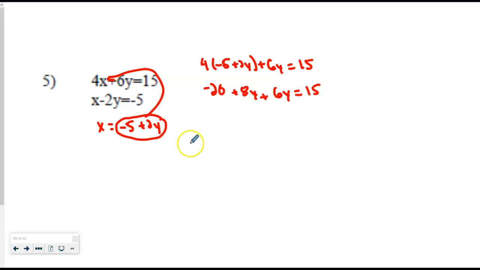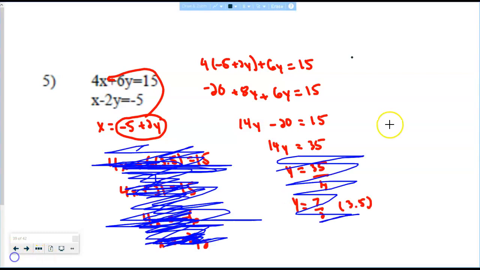And so we got 14y minus 20 equals 15. So 14y equals 35. All right, so you got 14y equals 35. That works out when I divide both sides by 14.